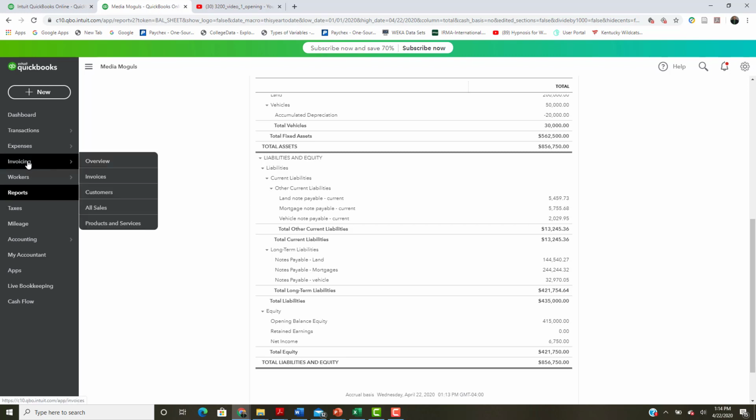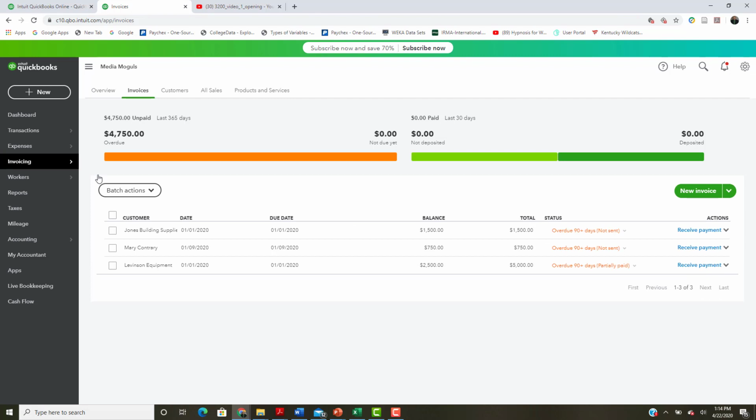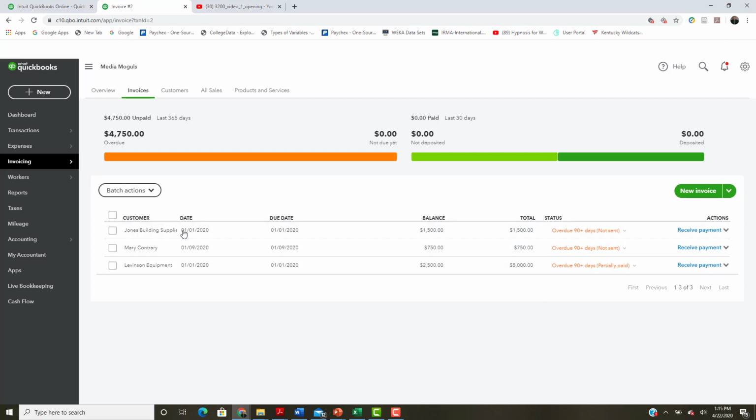I want to show you the invoices that I created and basically how I did it. And of course, you could have done something more with this, but I'm not that interested in that. Those are kind of the finer points that you can work on later. Okay, so I'm going to just show you this particular invoice, this Jones.